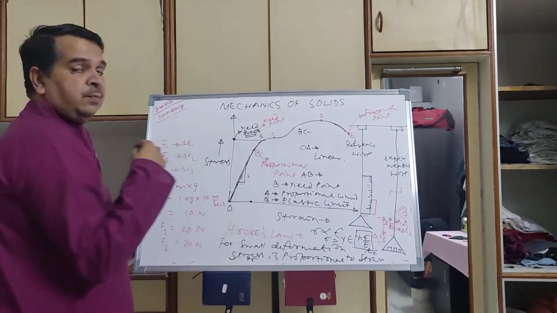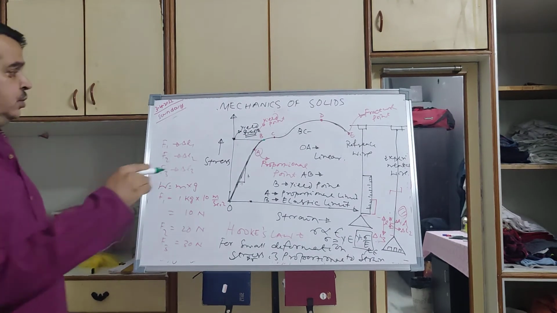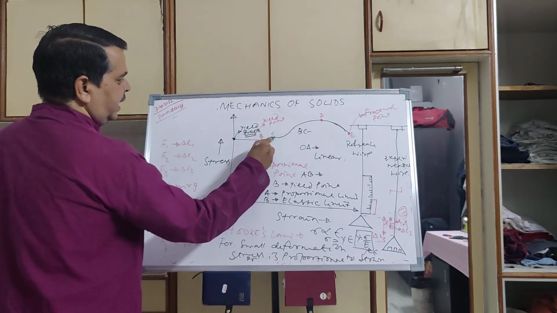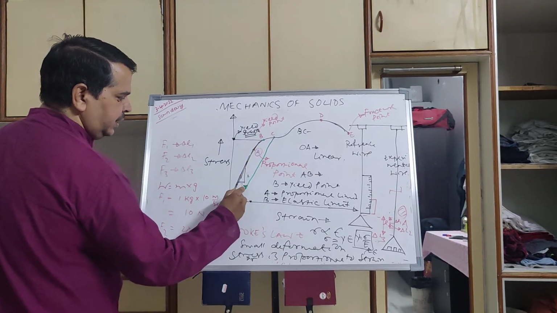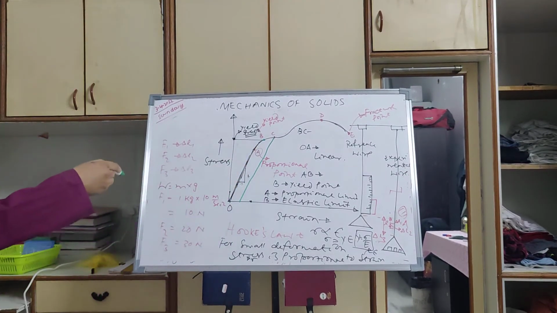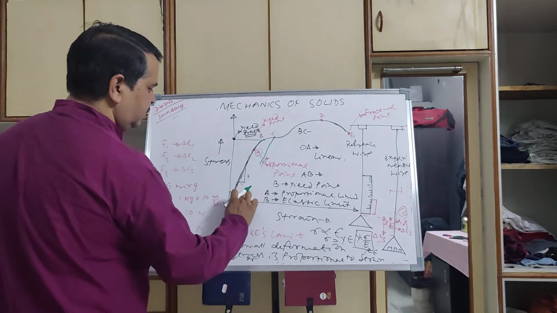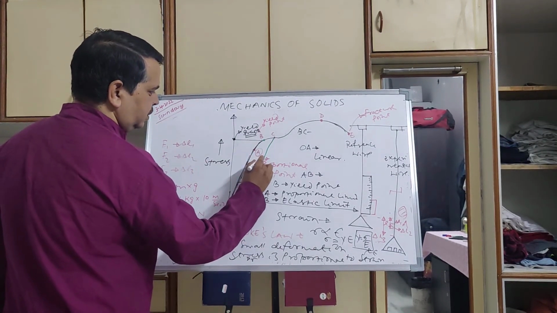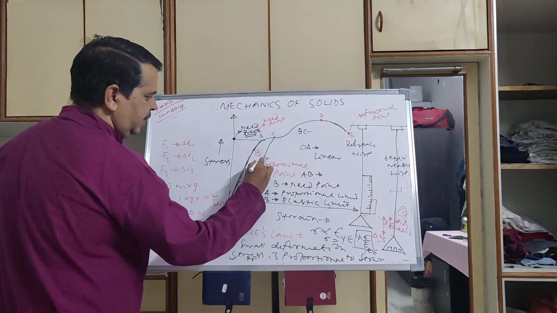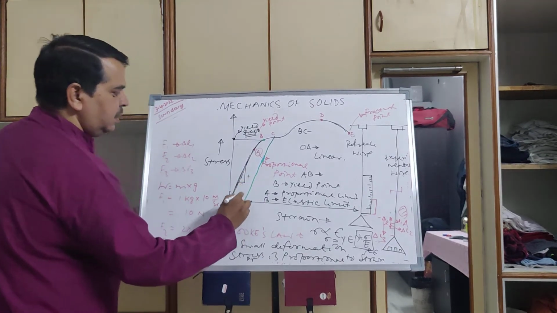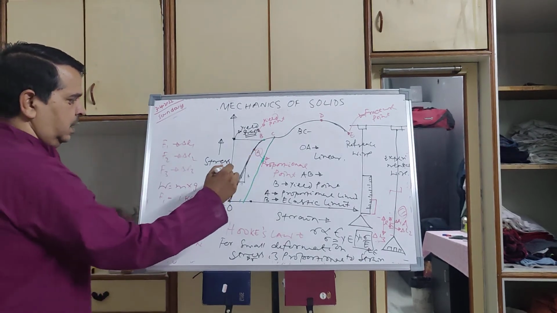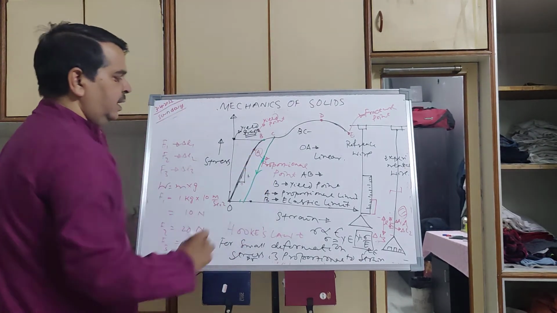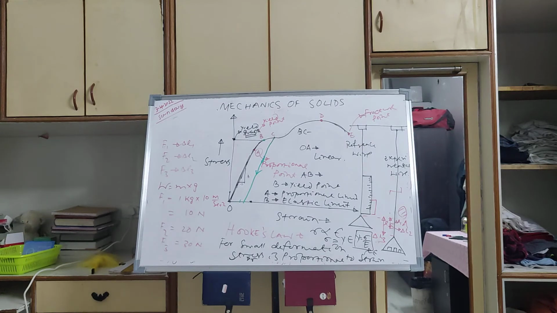Here some permanent set has already happened. So if you remove the load, it will come back along a path parallel to the Young's modulus line, the linear curve. It will come back in a line parallel to the linear curve.